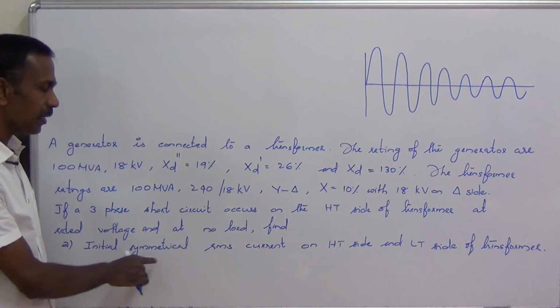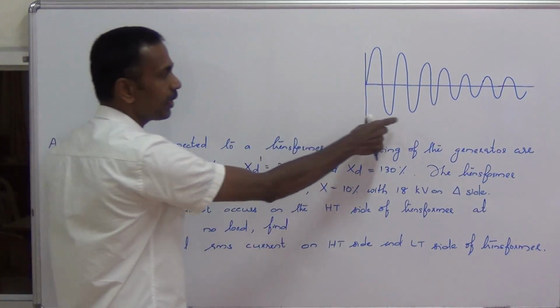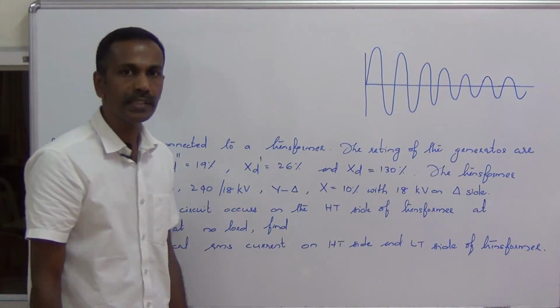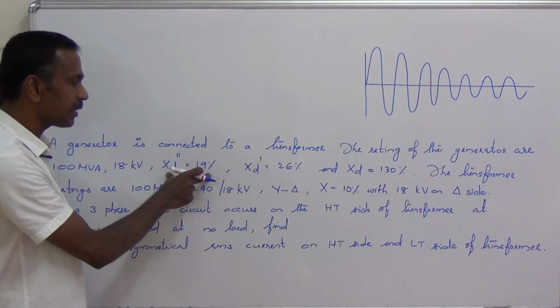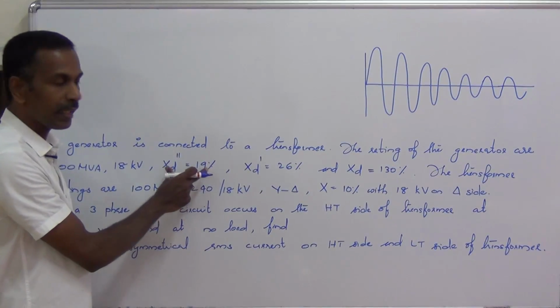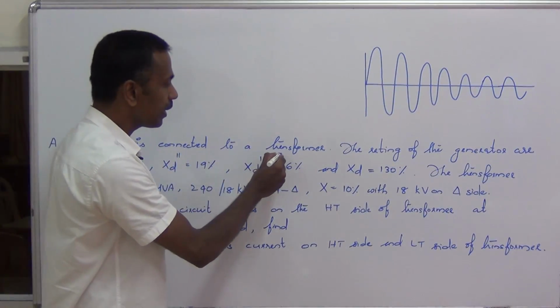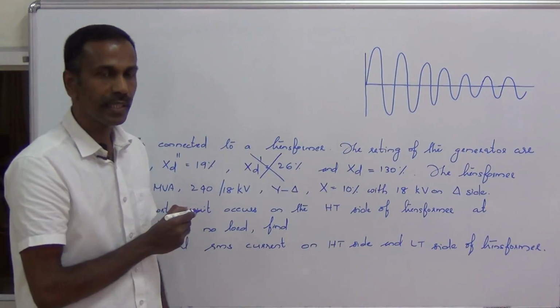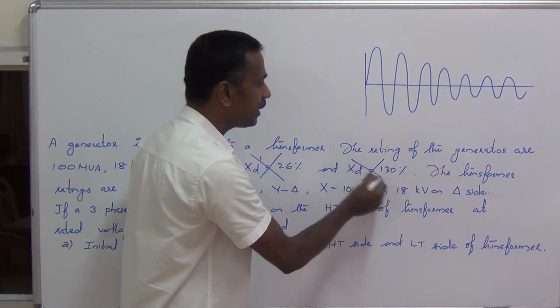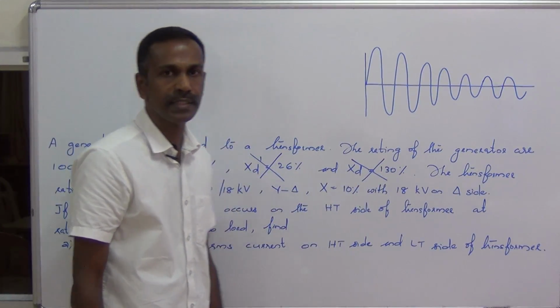As we have to find out the initial current, we need to consider only the subtransient reactance. We need not consider the transient reactance or the steady state reactance of this generator.